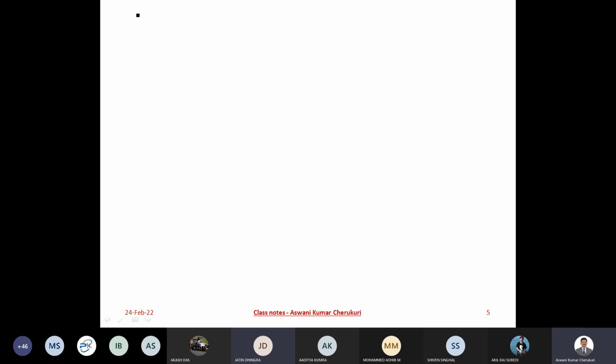So number one, learning goes in an unsupervised manner. What we do is initially we initialize the weights of the connections. Once we initialize the weights, these weights serve as examples.